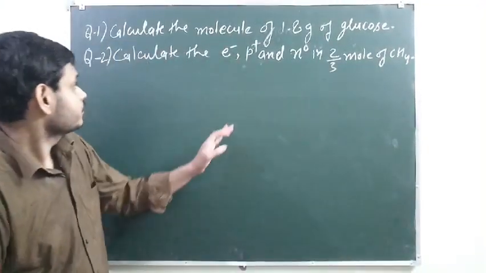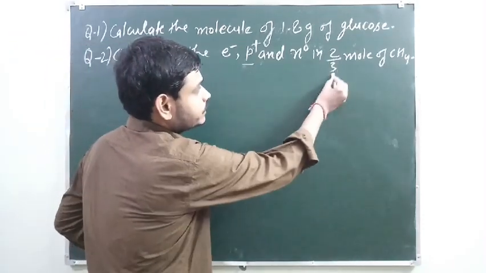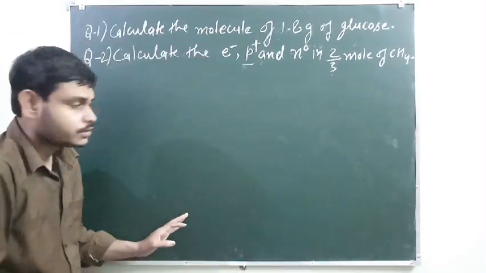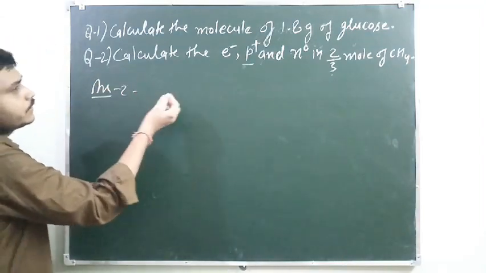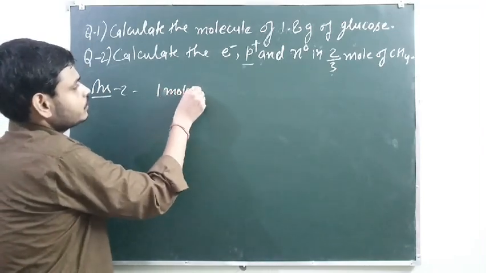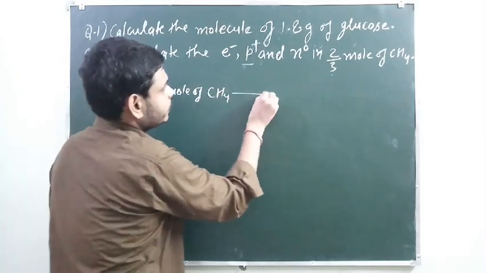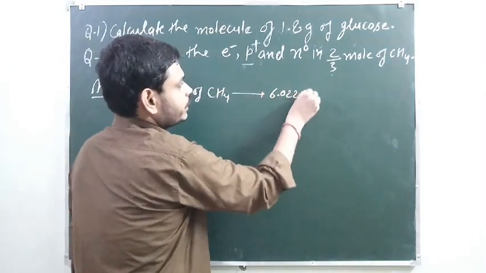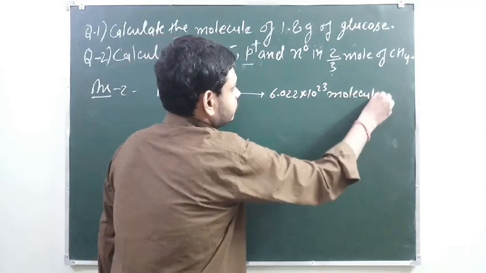Now we are calculating the number of protons in 2 by 3 mole of CH4. We know that 1 mole of CH4, that is methane, contains 6.022 into 10 to the power 23 molecules. Clear?